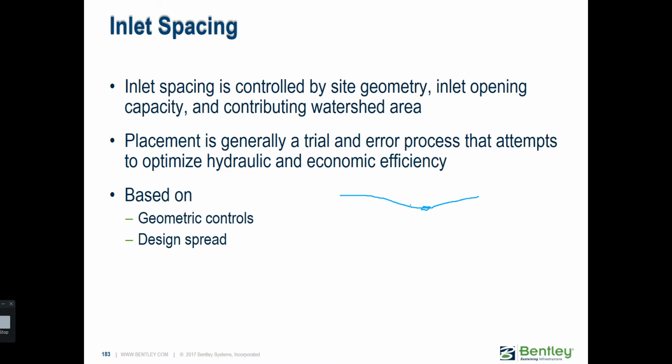And one thing that you can check for is the design spread. So let's say you started this design with one inlet here and another inlet there, and then you calculate your design, and it turns out that the spread goes this far into the road, and you decide, no, no, no, that's too much. Okay, I'm going to have to put another inlet in here to intercept my flow. And then you check for the spread again, and then maybe it's at an acceptable level.